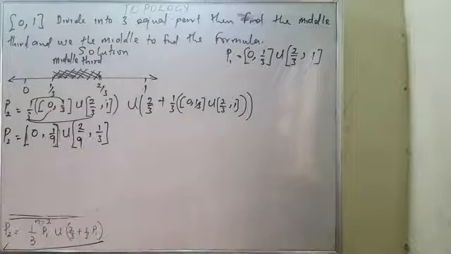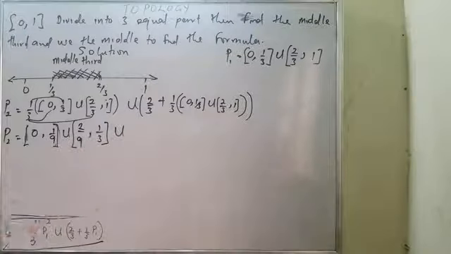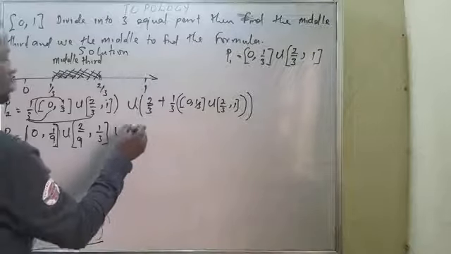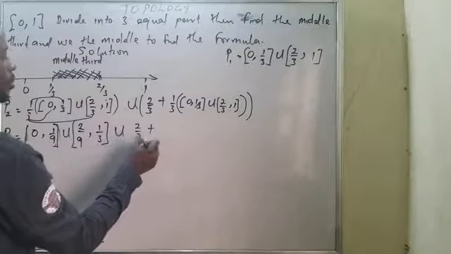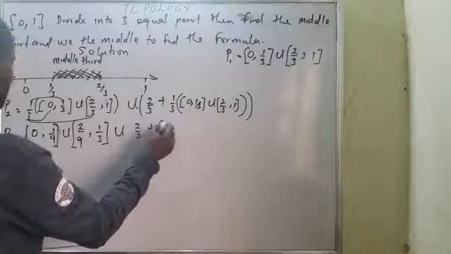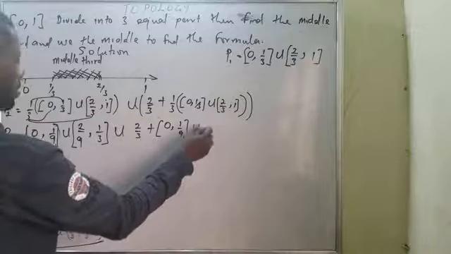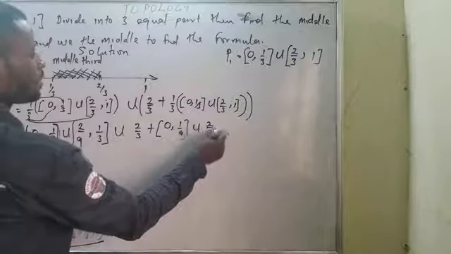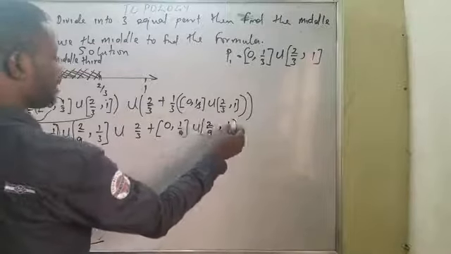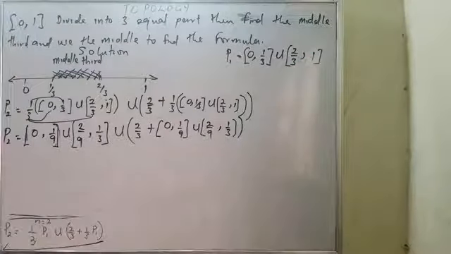Now, junior, the next one, this will remain the same. It means 2 all over 3 plus, I have 0, 1 all over 9, junior, 2 all over 9, 1 all over 3. By so doing this, I can move on.